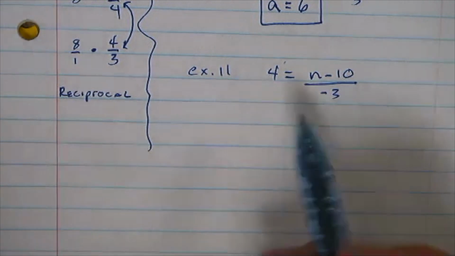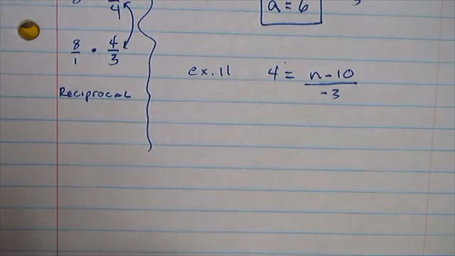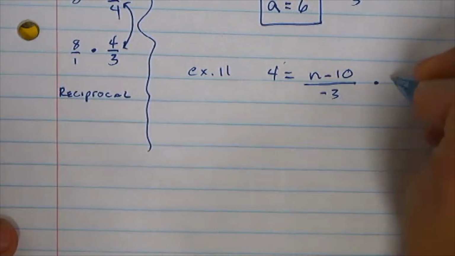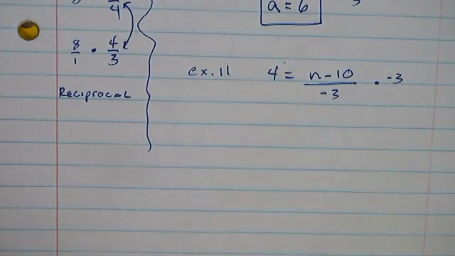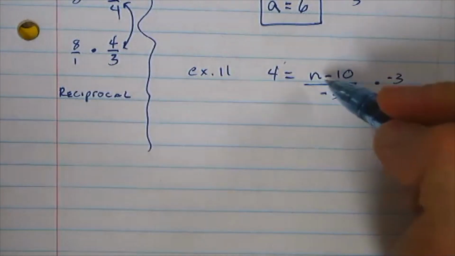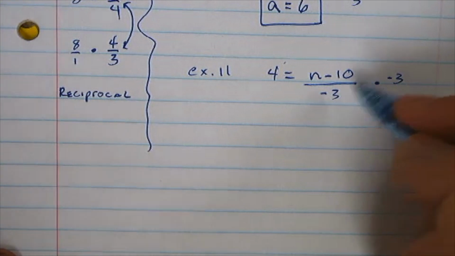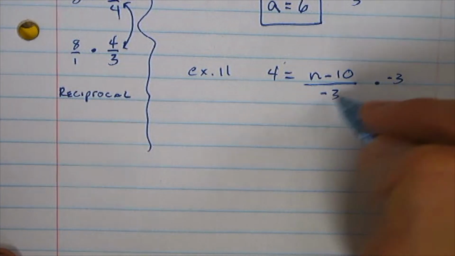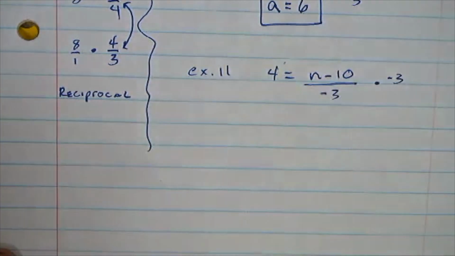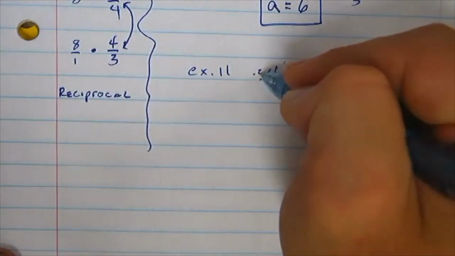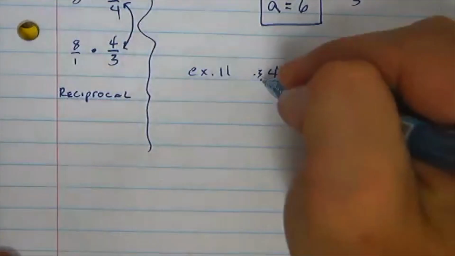So when you see a shape like this, we're going to take that denominator and multiply it out, because the numerator by itself is protected until we get rid of this denominator. So we've got negative 3 here, negative 3 here. I know those cancel out. So I'm going to be multiplying by negative 3 on this side as well.